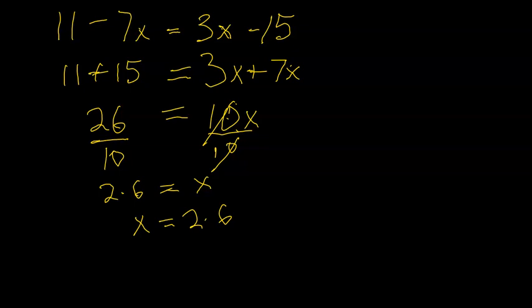Because, for example, in this particular question, if we started off by saying, okay, we're going to get rid of 7x from the left, what would we have done? We would add 7x, right? And when we add 7x here, we have to add 7x here. And that's the 7x that appears here, plus 7x.